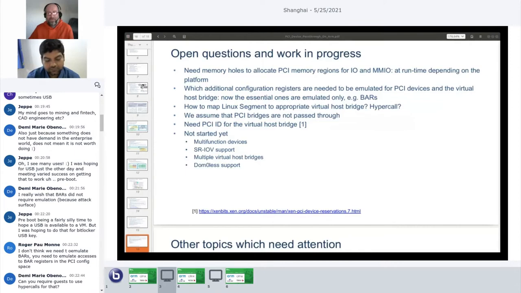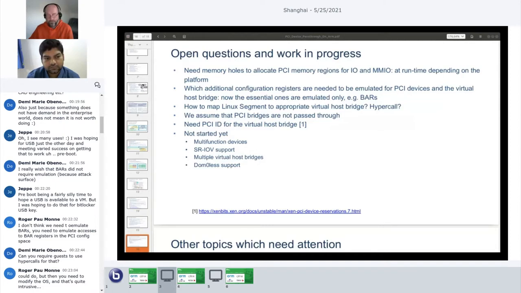Next thing is we need a PCI ID for the virtual host bridge. So Xen has a PCI vendor identifier. It's XS in ASCII, so 535A, something like that. We already used that.